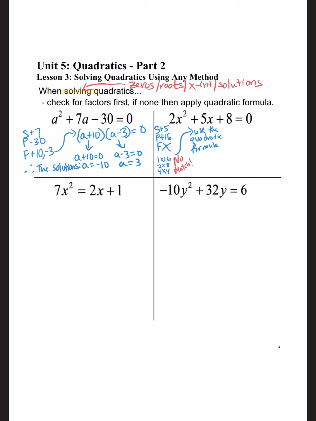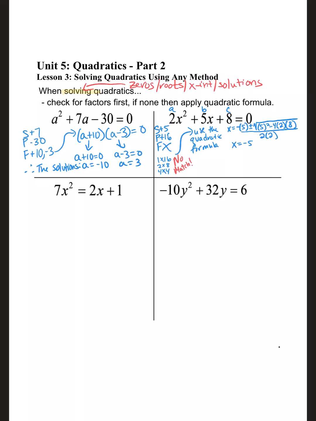So remember, this is A, this is B, and this is C. So if we sub into our quadratic formula, we're going to have x equals negative b plus or minus the square root of b squared minus 4 times a times c all over 2 times a, which is 2.